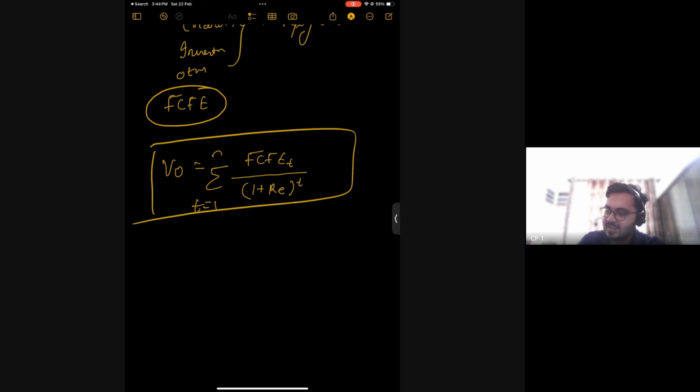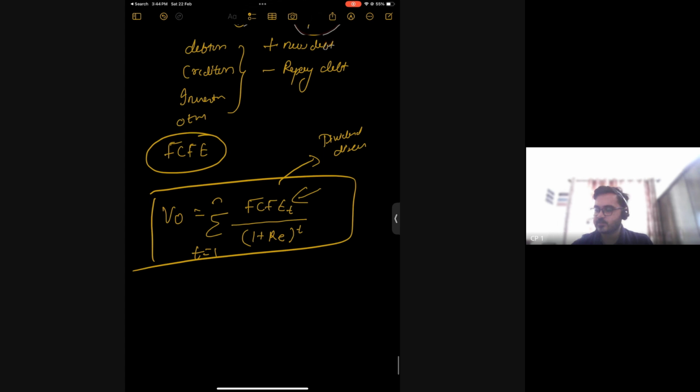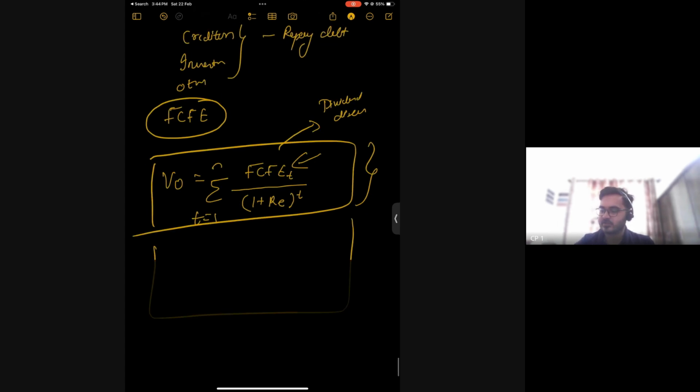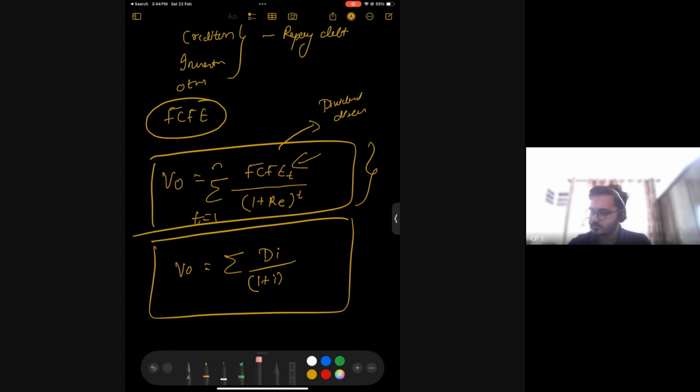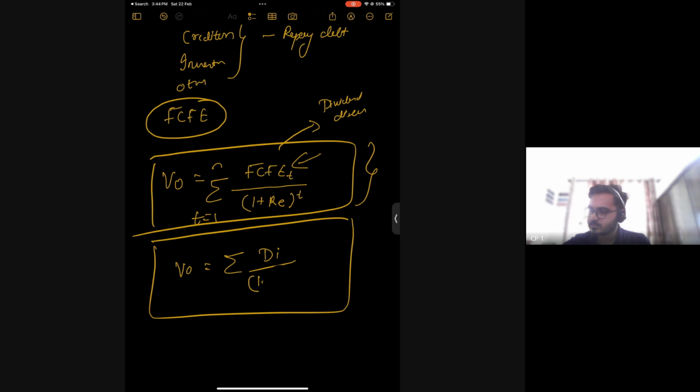So this is exactly the same as the dividend discount that I was doing. But instead of using dividend discount model, I'm using a free cash flow on top. The only difference between this and dividend discount is, in case of dividend discount, what I do is V0 is equal to summation Di by 1 plus RE to the power of i, i goes from 1 to n.